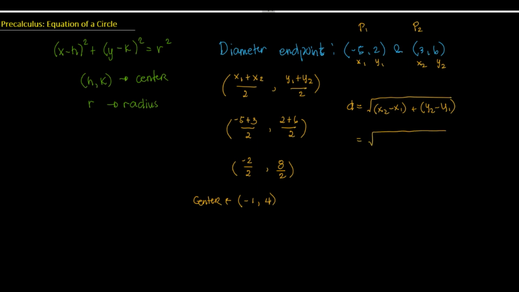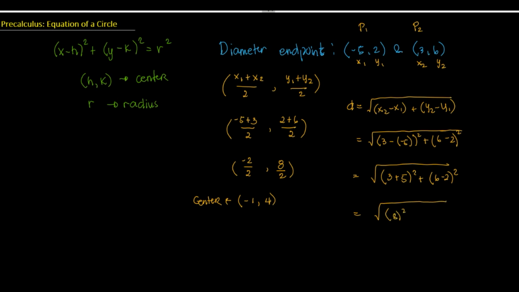Our x sub 2 is 3 minus negative 5, which is our x sub 1, squared, plus y sub 2 is 6 minus y sub 1 is 2, squared. Let me extend the radical symbol. Then we have 3 plus 5 squared plus 6 minus 2 squared. We then have 8 squared plus 6 minus 2 is 4, 4 squared. 8 squared is 64 plus 16.